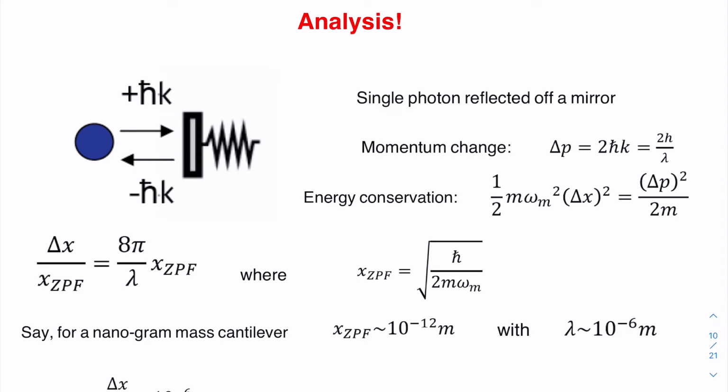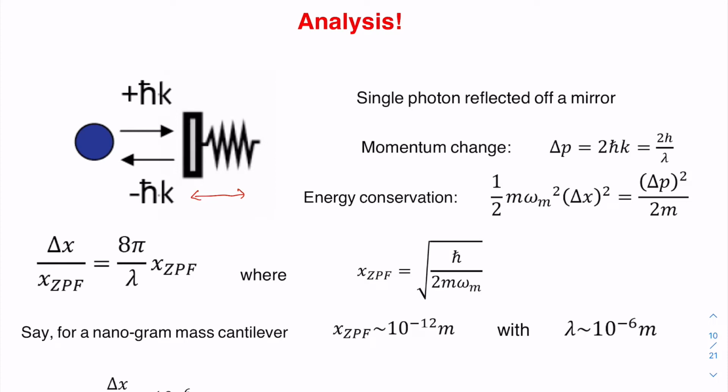If we just have one mechanical oscillator or a vibrating mirror like this, then it turns out that when a photon interacts with it, the displacement of the mirror is actually very small. In fact, it is far smaller than even the so-called zero point fluctuation. So it is impossible to observe quantum effects.